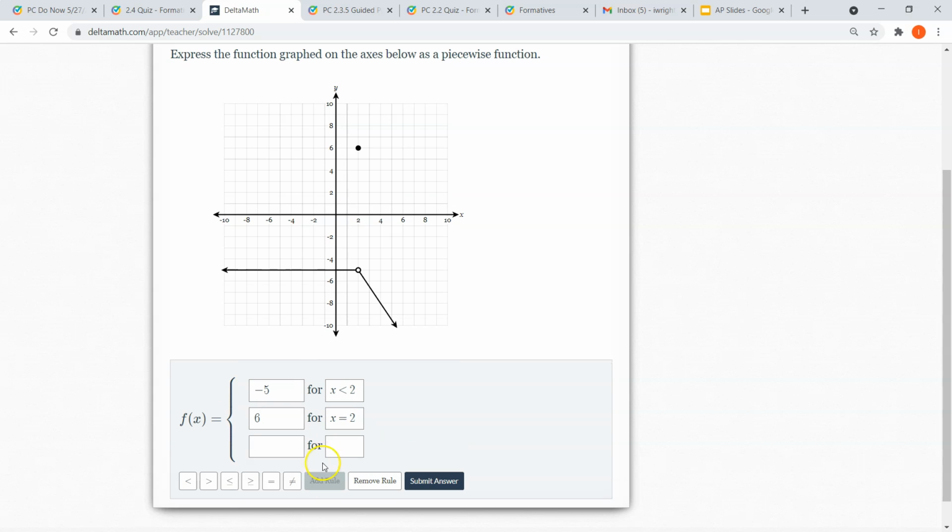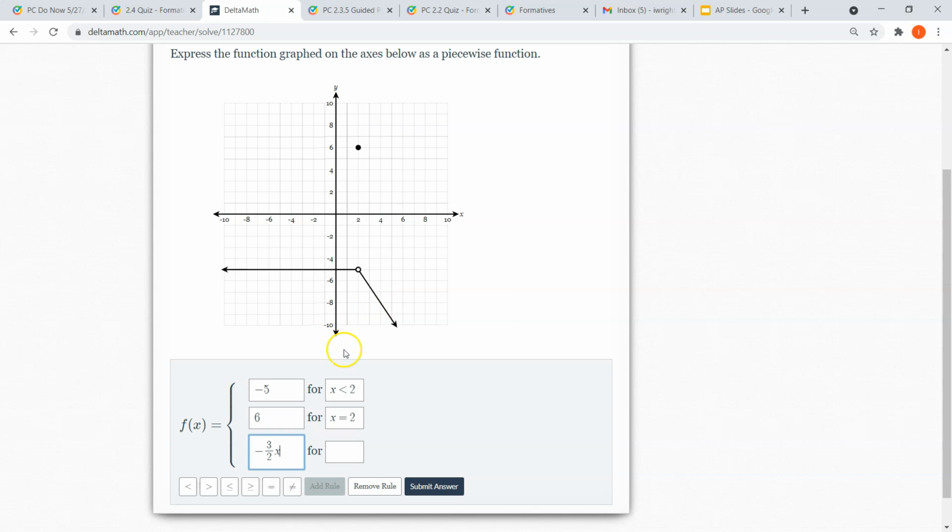And then we'll add one more rule. I click that add rule button. And here we're going to say, well, we need the equation of the line. So it looks like my slope is -3/2. I just counted rise over run, so I'm going down 3 to the right 2. So -3/2 x.